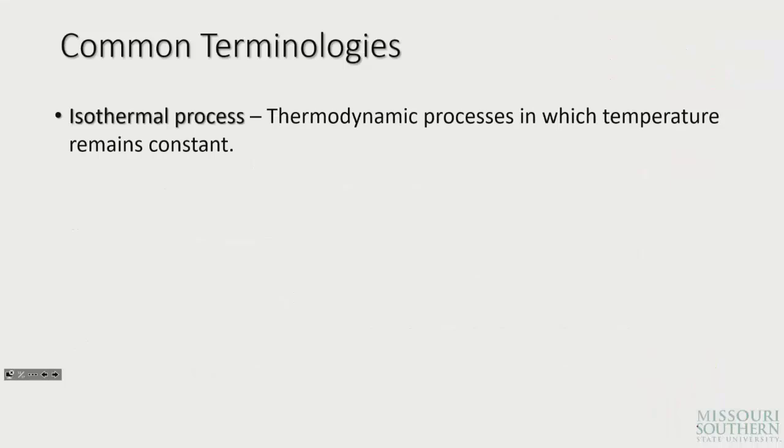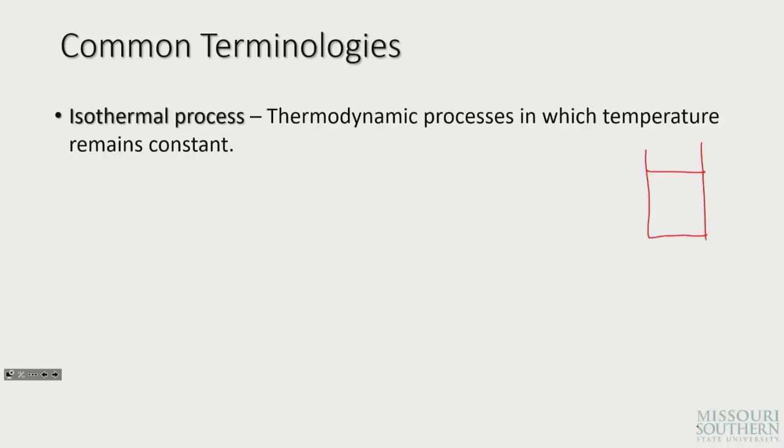The next one is the isothermal process. So what is an isothermal process? If a thermodynamic system is perfectly conducting to the surroundings, and it undergoes a physical process in such a way that its temperature remains constant throughout, the process is called an isothermal process.